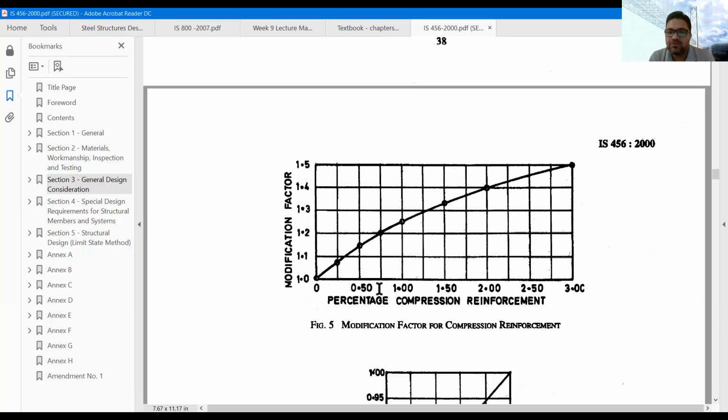Simply we need to find out the percentage of compression reinforcement, and then corresponding to that, we can find out the modification factor. For example, if the percentage of compression reinforcement is 1%, the corresponding value of modification factor 2 will be approximately 1.25. This is how we will find out MF2.